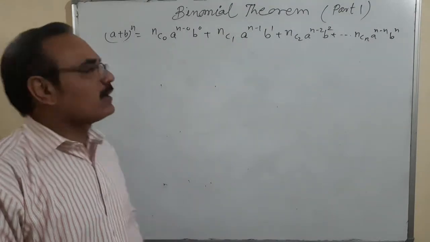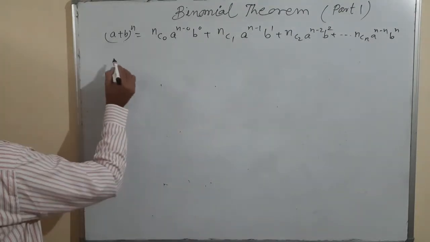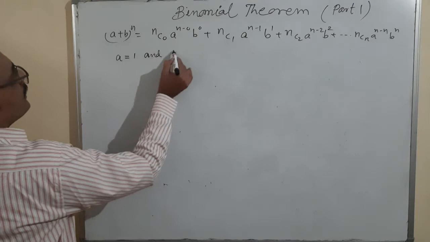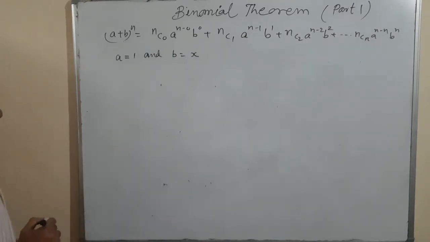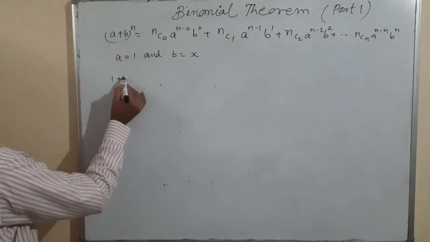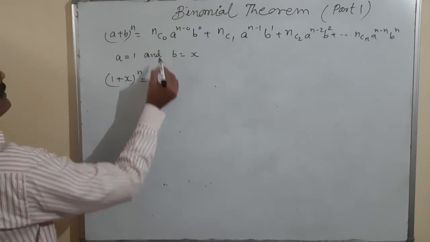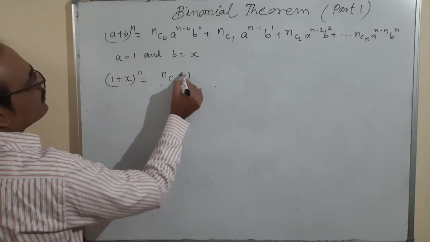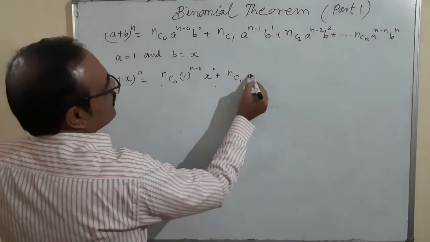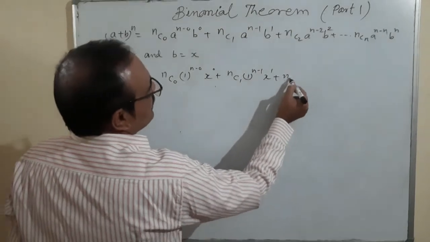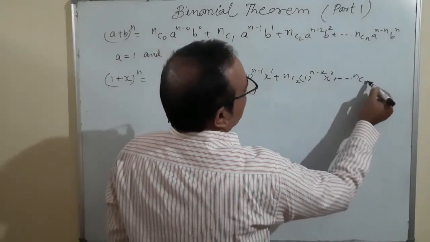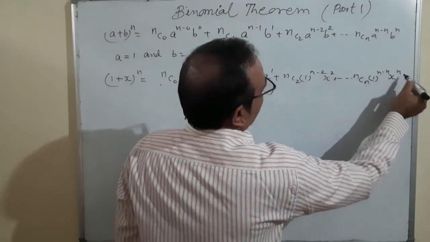In this expansion, if I put a equal to 1 and b equal to x, because it is used in most of the cases, then (1 + x)^n is equal to nC0 1 to the power n minus 0 x to the power 0, plus nC1 1 to the power n minus 1 x to the power 1, plus nC2 1 to the power n minus 2 x to the power 2, up to nCn 1 to the power n minus n x to the power n.